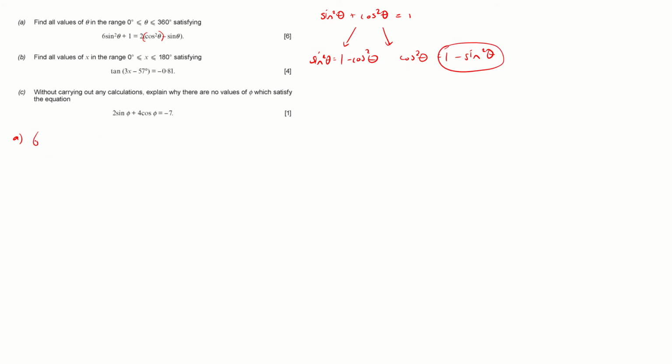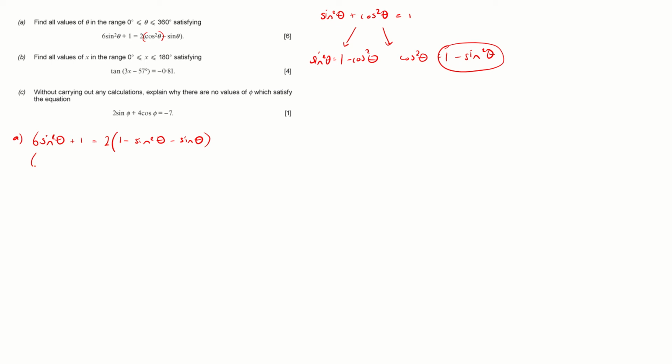So this becomes 6 sine squared theta plus 1 equals 2. Instead of cos squared, we're going to now have 1 minus sine squared. But there was also that minus sine theta on the end. This is a quadratic equation.